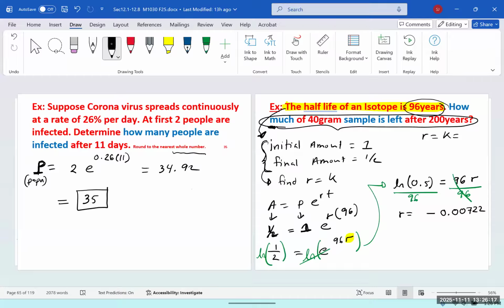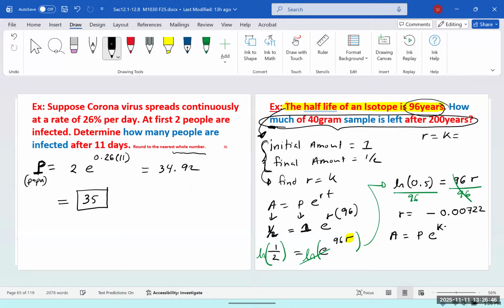Now we know our rate. Using this rate, they're asking how much of the 40 grams is left after 200 years. So today, how much do you have of the isotope? 40 grams. So your final amount is initial times e to the RT.